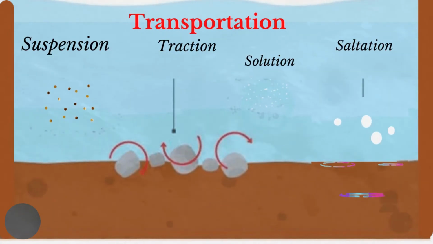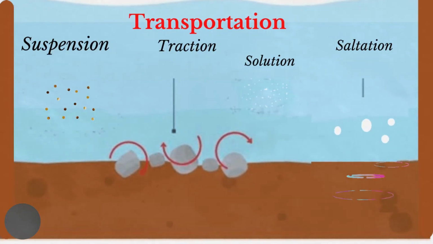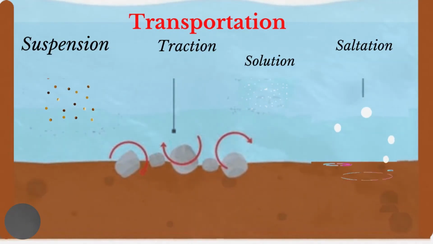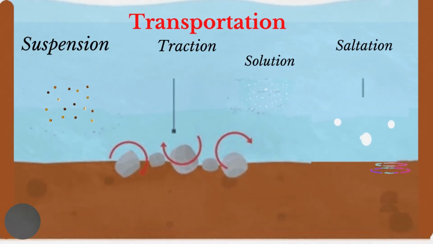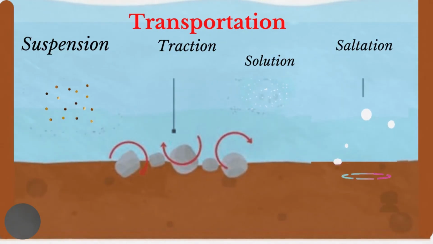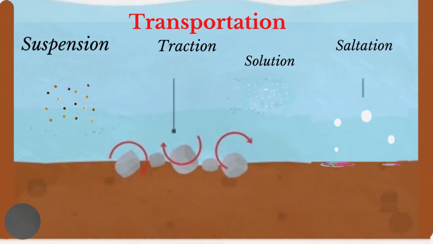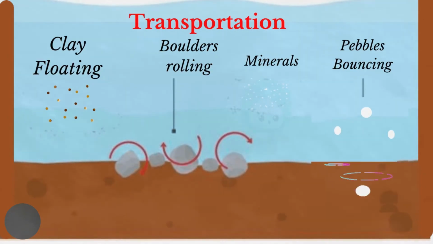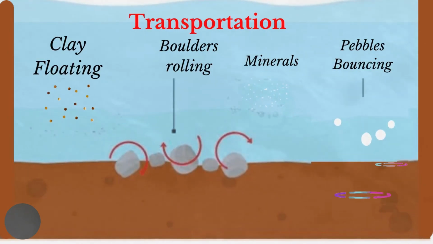When it comes to large sands and gravels or sometimes pebbles, what happens is that the water is able to lift them, but it cannot maintain them. So the water will lift them, then drop them, then lift them, then drop them. And so over time, the sediments are bouncing or hopping along the river bed, and it moves that way.